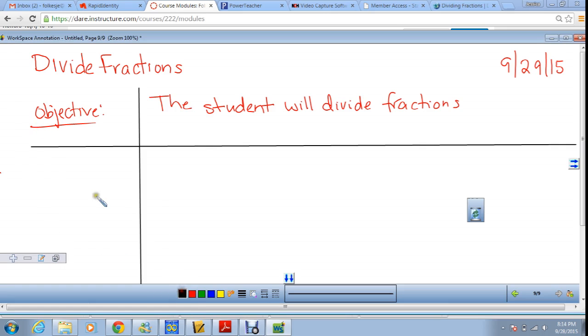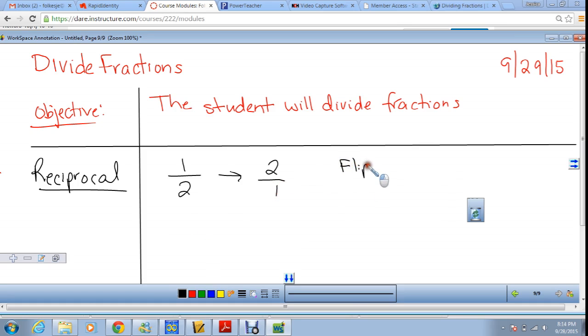Alright, first thing we need to review is what we call the reciprocal. Some of you may remember this from last year. If I give you 1/2 and ask you to find the reciprocal, you're just flipping the numerator and the denominator.